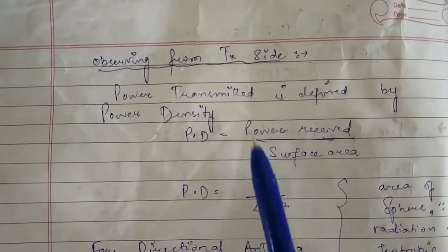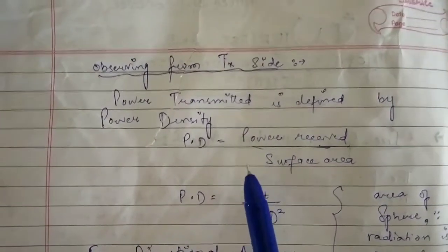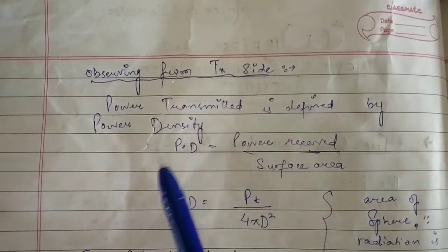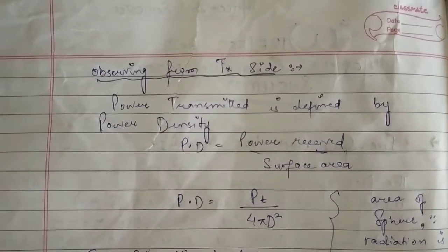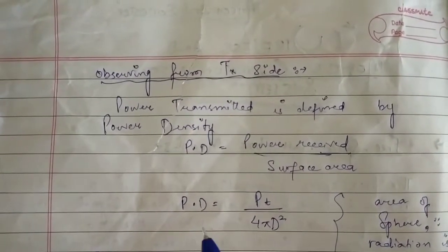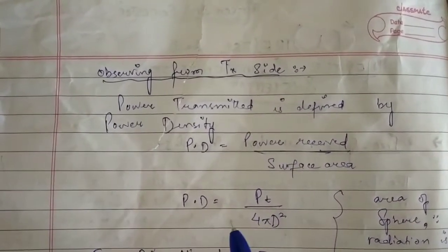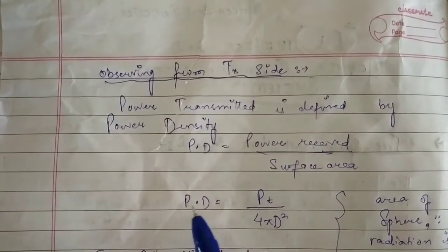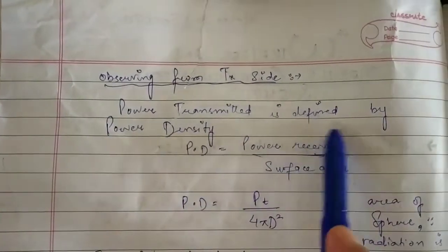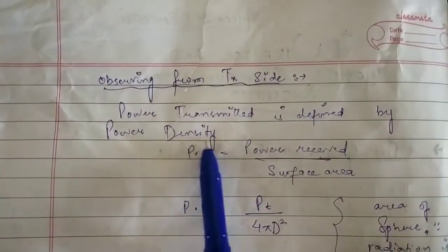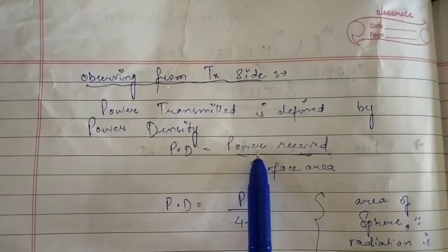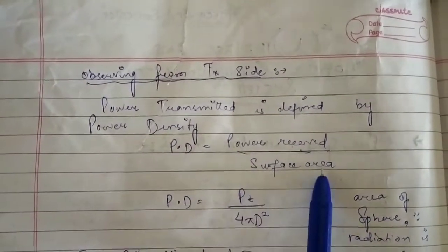As we have considered an isotropic source radiating a total power denoted by PT, measured in watts, the radiated power passes uniformly through a sphere of surface area 4 pi d square, where d is the distance. Therefore, the power transmitted is defined by power density, which is equal to power divided by surface area.